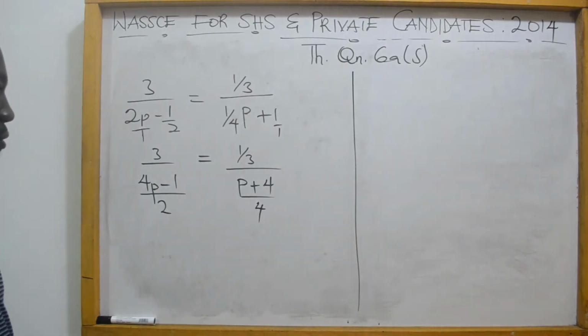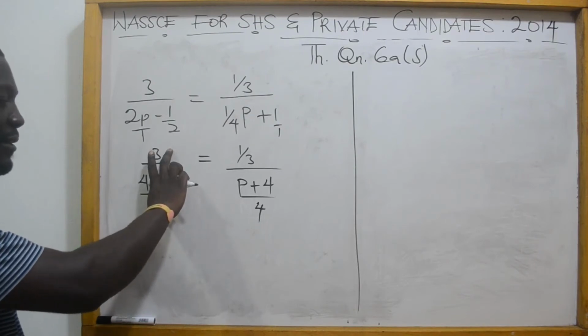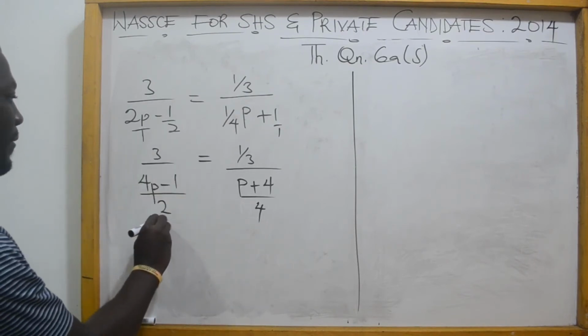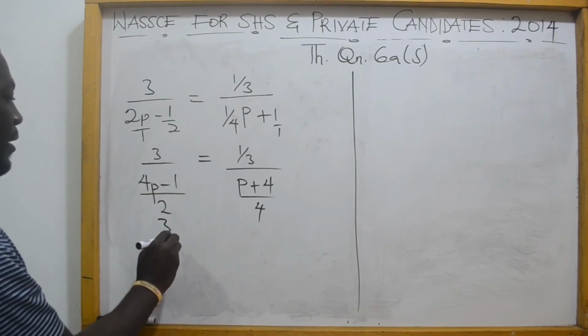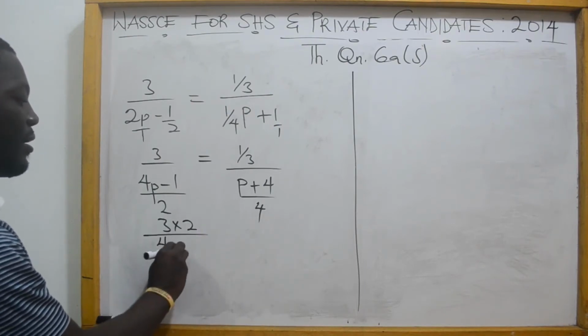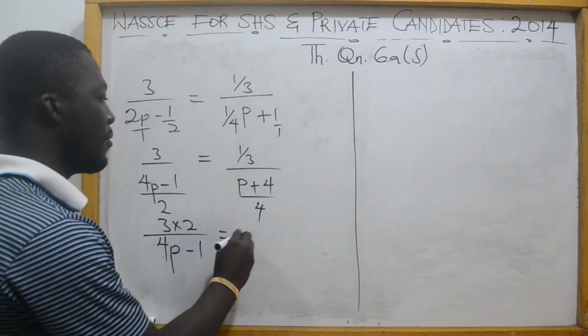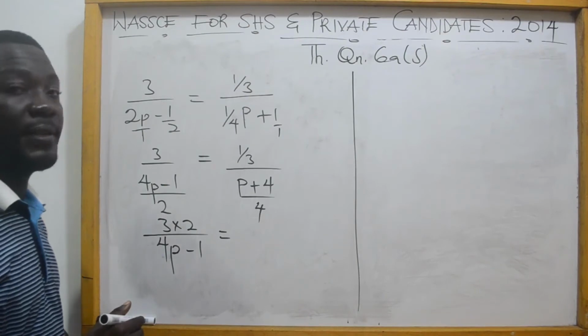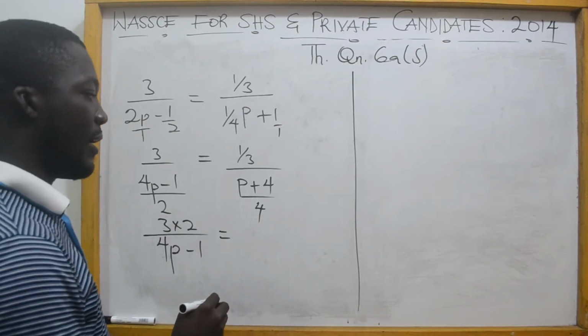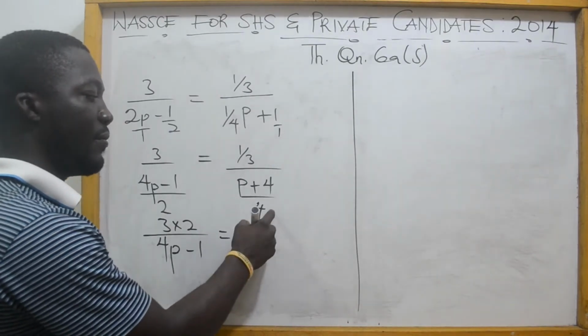So, can we do some simplification? Alright. So, with the reciprocal rules, we can rewrite this as 3 times 2 divided by 4p minus 1. Then will be equal to, this can also be rewritten as 1 times this denominator, 4.